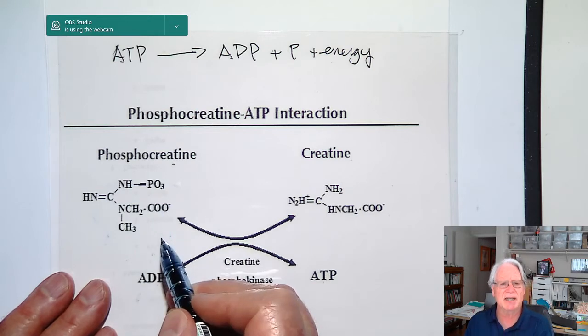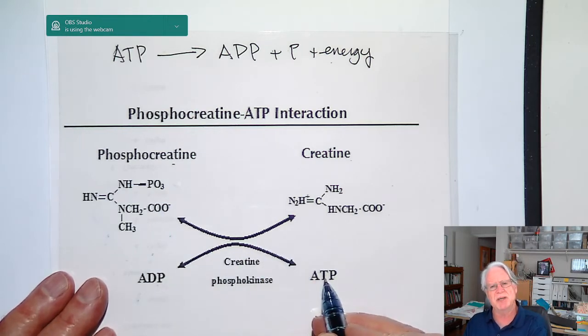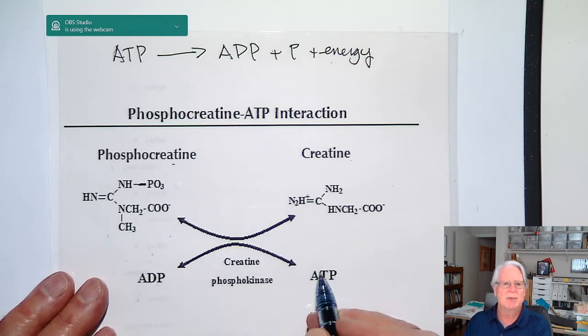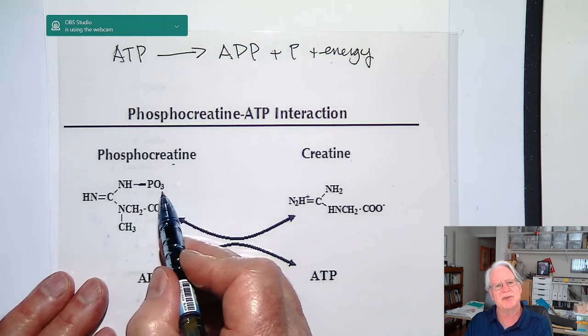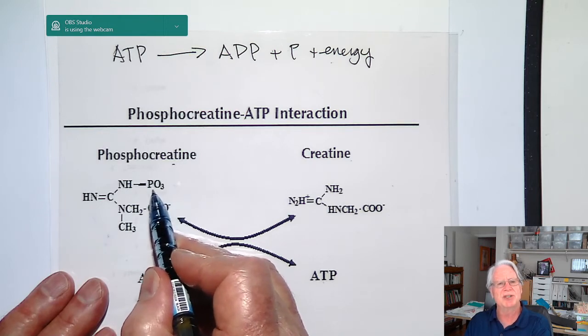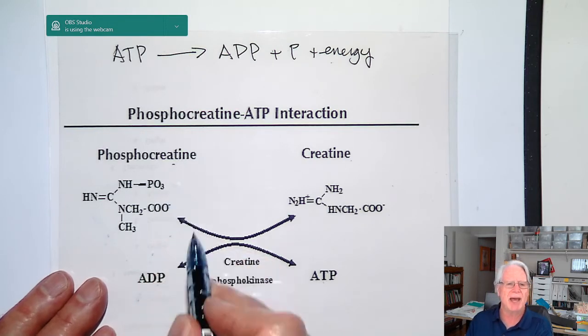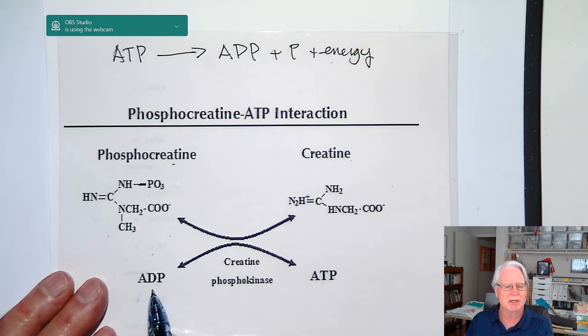Now, what that does is it doesn't actually give us ATP. In fact, we're actually using up ATP in that process. But what it does is it stores the phosphate group in a molecule or on a molecule, which can easily donate it back to ADP and convert ADP to ATP.